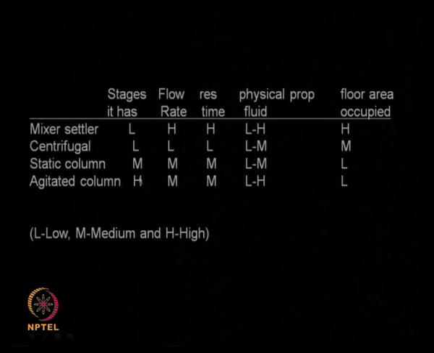Flow rate can be medium, residence time can be medium, floor area occupied is very minimal. So the column designs occupy less space, and agitated columns also have a large number of stages. That is why industrial scale operations are always done in agitated columns rather than mixer settlers.